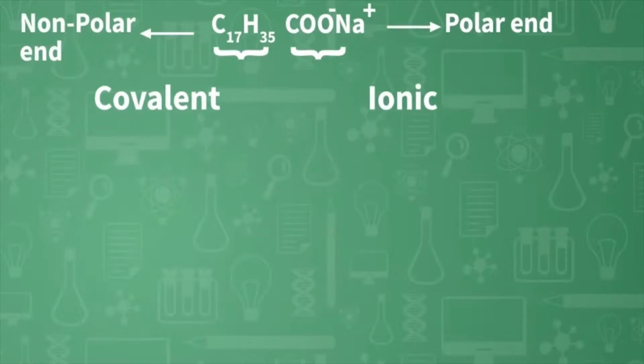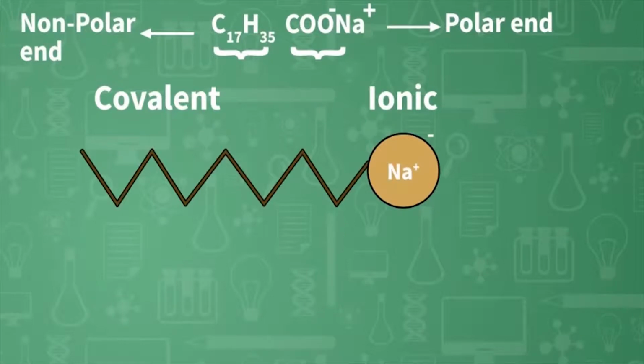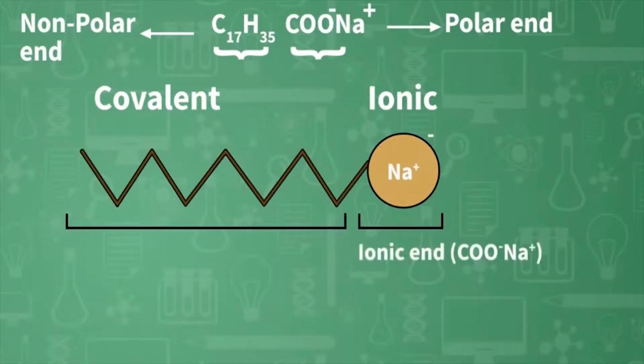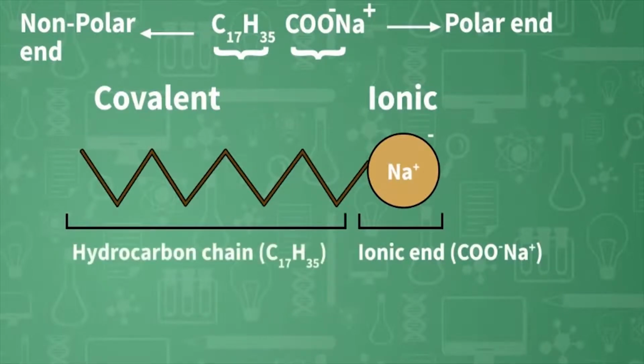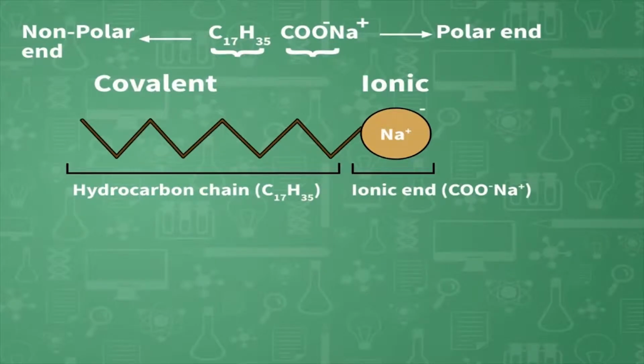So one soap molecule can be drawn using a tadpole structure which has a head and tail. The head represents the polar end, that is COONa, whereas the tail represents the carbon hydrogen chain, C17H35.